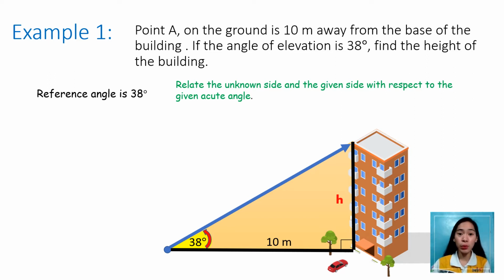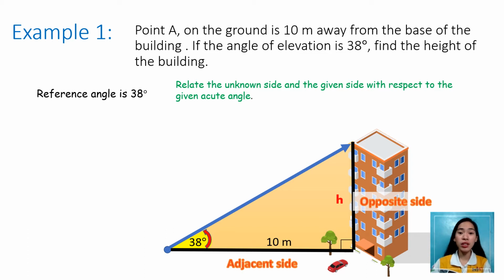And like what we do in the six trigonometric ratios, the opposite side of this reference angle is h. How about 10 meters? If we relate 10 meters to the reference angle, that would be the adjacent side.